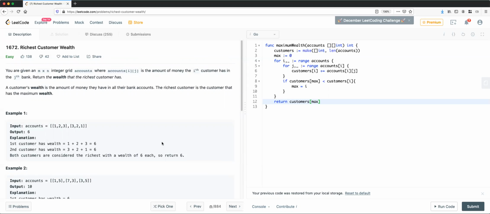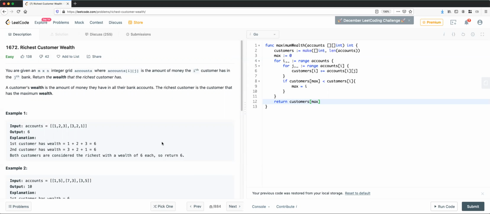For example, on row zero, I is each row, J is each column. On row zero, it represents how much that particular customer has in their bank accounts.